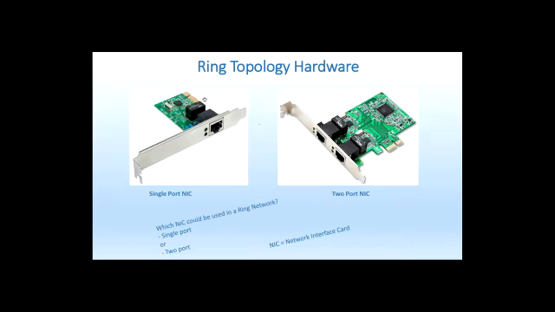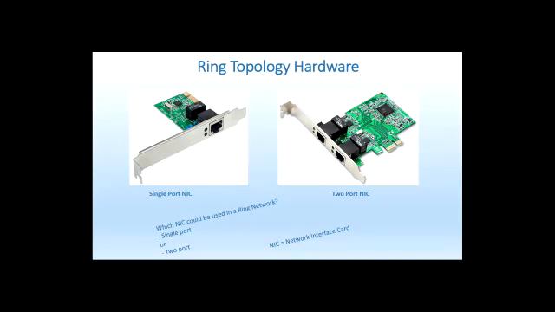All right, now ring topology hardware. Here is a single port network interface card, and here's a double port network interface card. Which NIC could be used in a ring topology? All right, a single or double port. NIC stands for network interface card. All right, so of course, for the most part, if you are connecting things like a ring topology, you will have something to come in and something to come out of the same device.